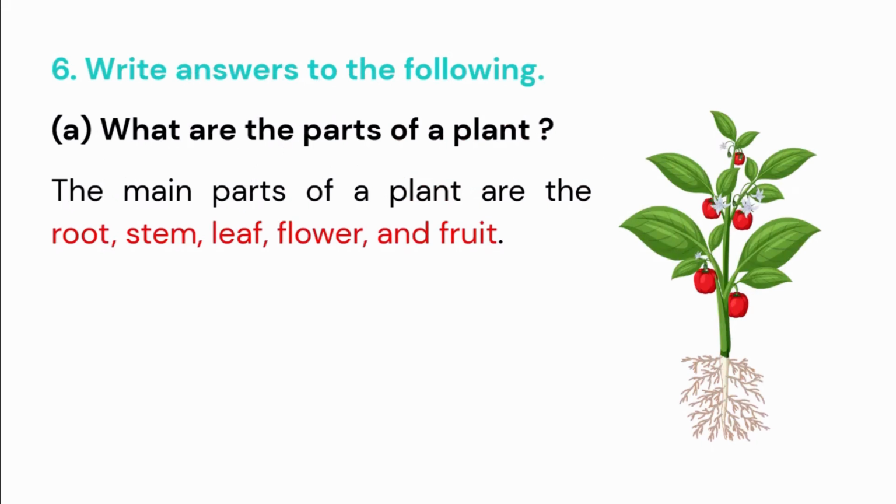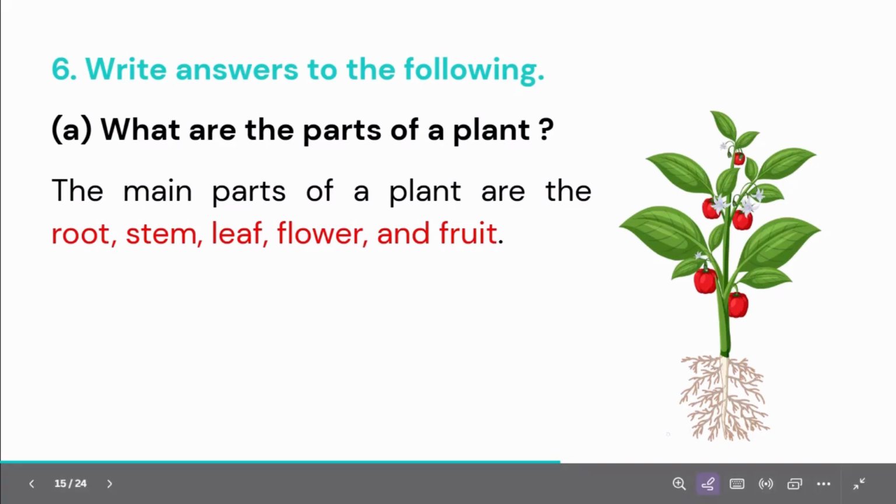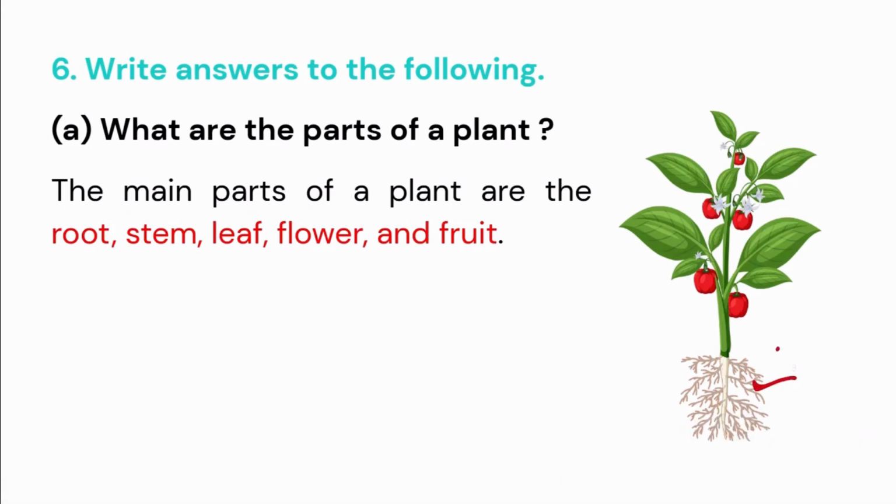Next question. Write answers to the following. What are the parts of a plant? The main parts of the plants are roots, then stems, then leaf, then flower.